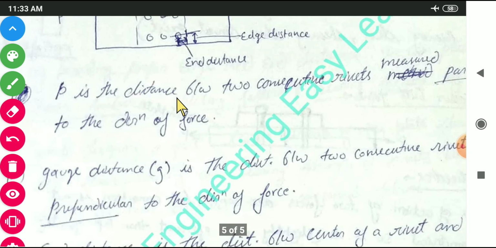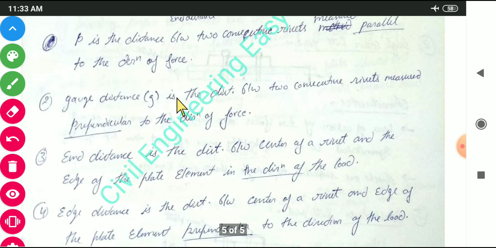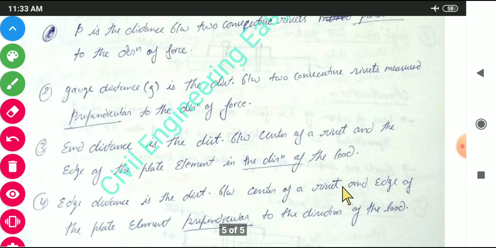Okay. So next we have end distance. What is end distance? It is the distance between center of a rivet and the edge of the plate element in the direction of the load. Edge distance is the distance between center of the rivet and the edge of the plate element perpendicular to the direction of the load. Here also one is in the direction of the load and another one is in the perpendicular direction of the load.